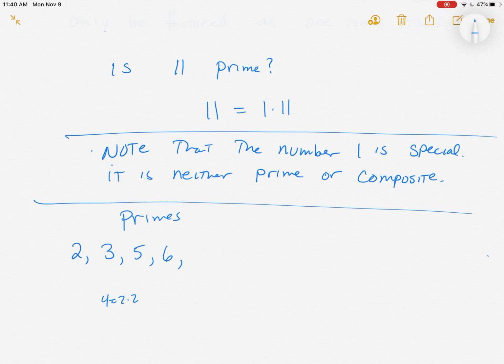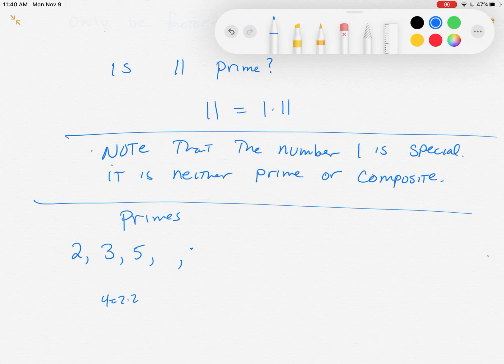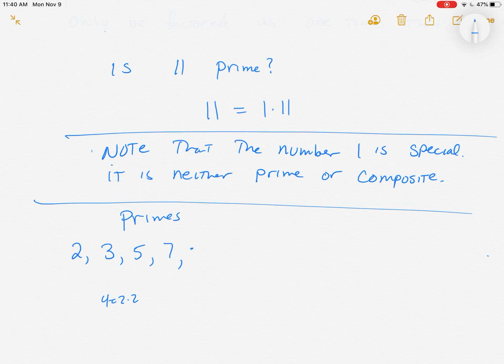I said no and then I wrote it. Okay, 6 is not included, but 7 is. Not 8, because 8 is 2 times 4. Not 9, because 9 can be written as 3 times 3. Not 10, because that's 2 times 5. But 11 we saw was. 12 isn't. 13 is. 14 is not.